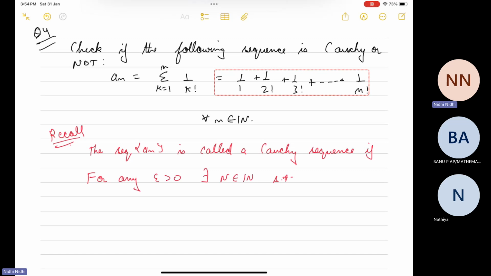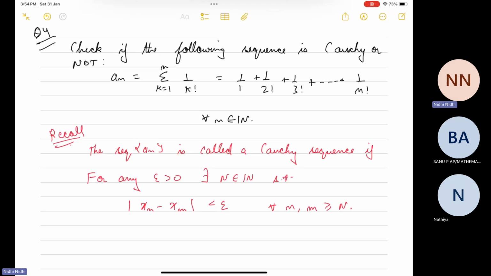That means the terms of the sequence might be near to each other, but still they do not converge. So such that xn minus xm, the difference between any two terms, is less than epsilon for all n, m greater than or equal to N. So after a stage, all the terms are very much near to each other.